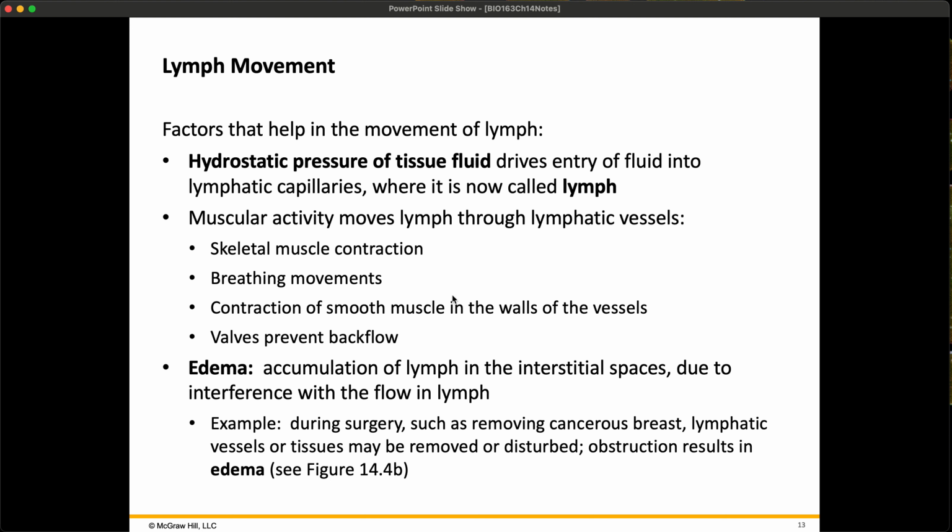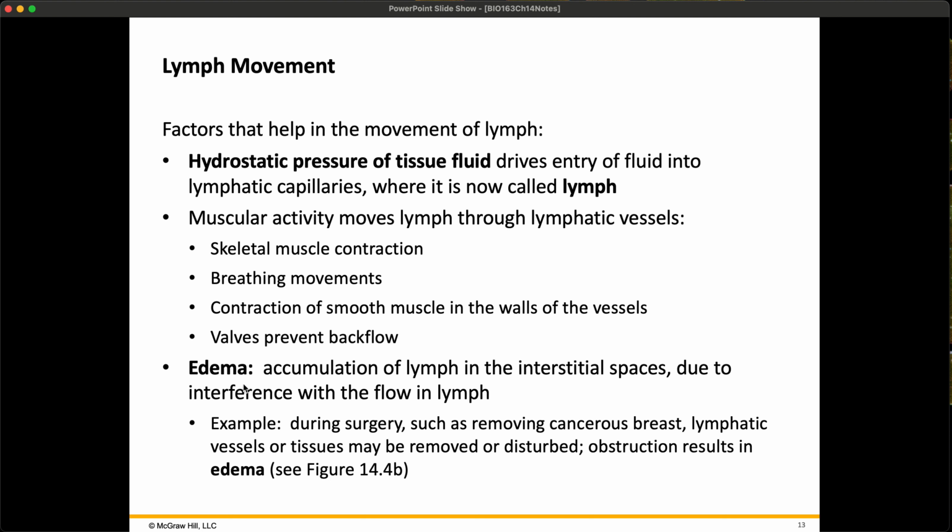And then once fluid is in lymphatic capillaries, lymph movement basically relies on skeletal muscle contraction and breathing movements. We saw both of these in the venous system as well. Also contraction of smooth muscle in the walls of those lymph vessels, and then the valves to prevent backflow. So very similar to veins.